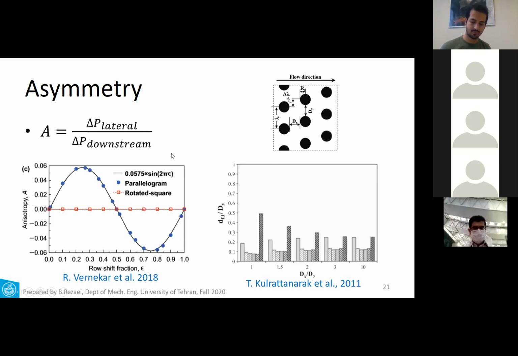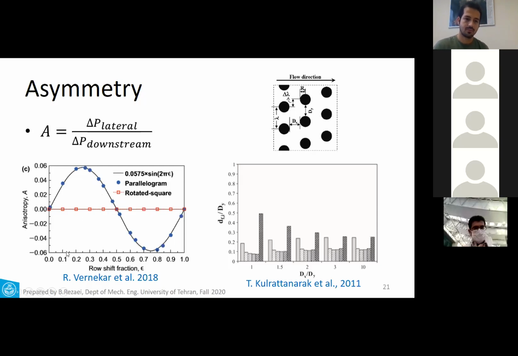And Mr. Verkener and Mr. Kulratarang again have studied this asymmetry. As I told you before, there were two designs, tilted square and parallelogram. And tilted square has no kind of asymmetry.